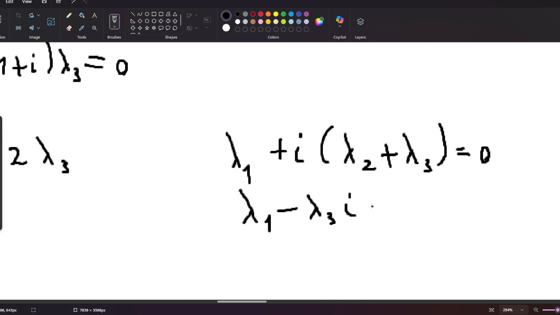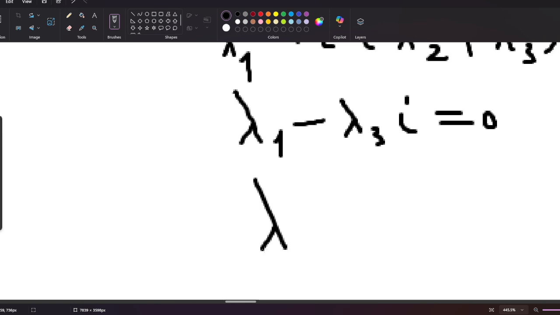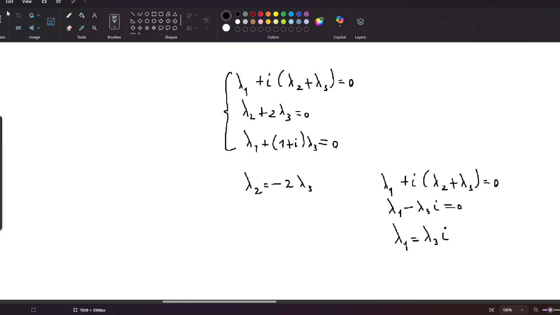Lambda 1 minus lambda 3 times i equals 0. Lambda 1 equals lambda 3 times i.